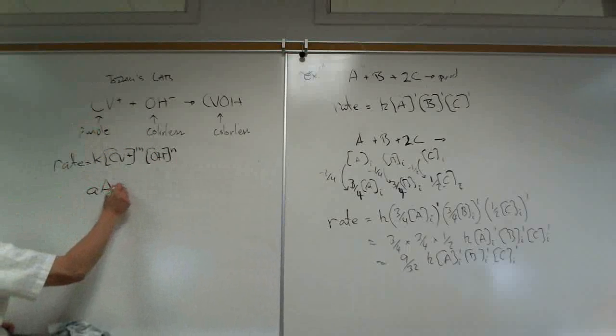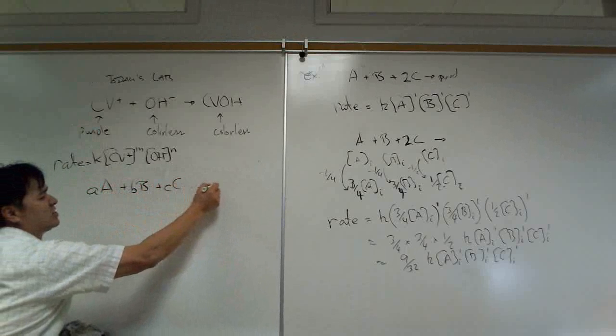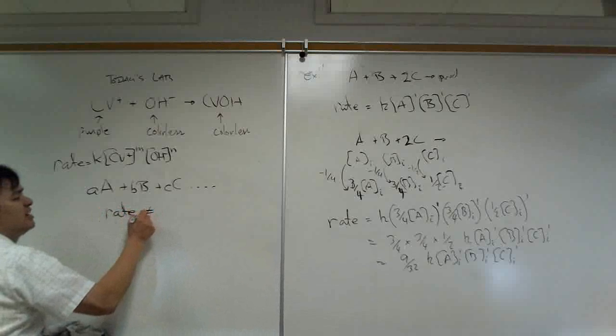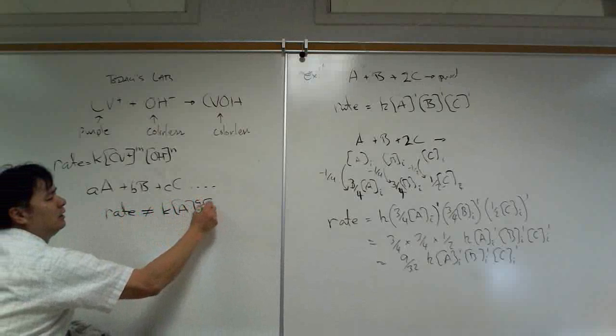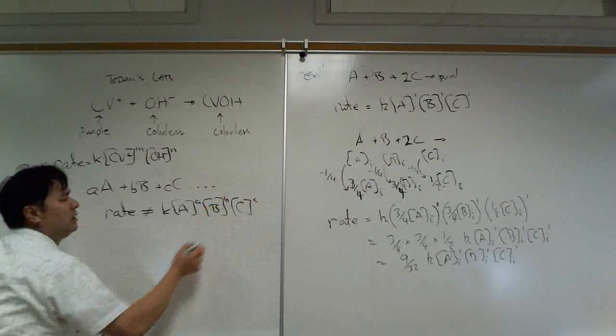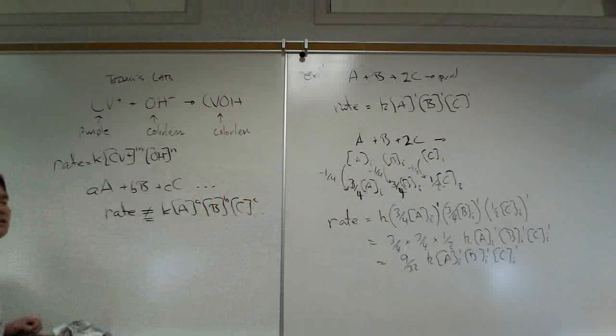If I have a reaction aA plus bB plus cC, etc., the rate law is not necessarily equal to K, A to the little a, B to the little b, C to the little c. Sometimes it's equal, sometimes it's not. It depends.